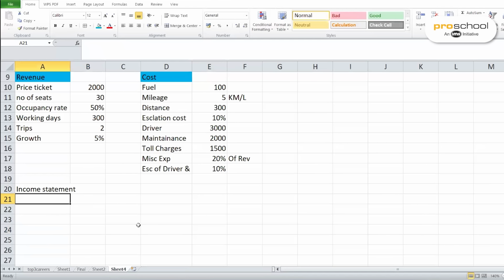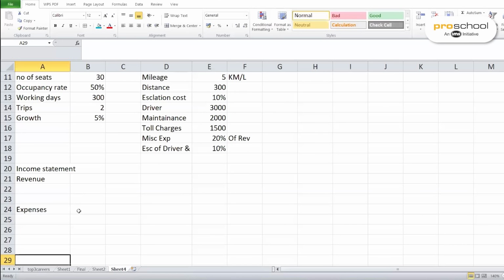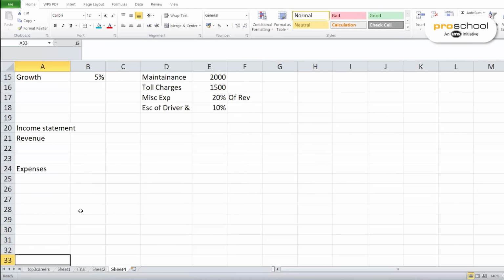Let us just revise that. So at the top we will take the revenue. Then we will take, okay, slight spelling mistake. Let me correct this. Revenue. Then we will take the expenses part, right? And of course at the end we'll have a profit.